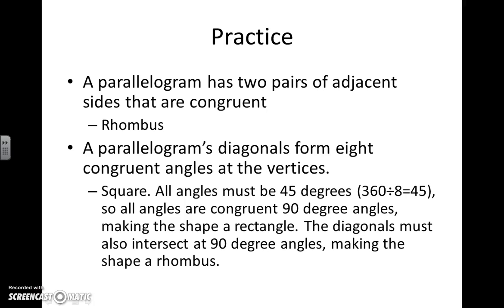All of these angles that they've described, these 8 congruent angles, must be 45 degrees because we've taken 360 and divided it by 8, which makes 45. So all of the big angles are congruent 90-degree angles, making the shape a rectangle. The diagonals must also intersect at 90 degrees, making the shape a rhombus. And because it's a quadrilateral, a rectangle, a parallelogram, and a rhombus, it must be a square.